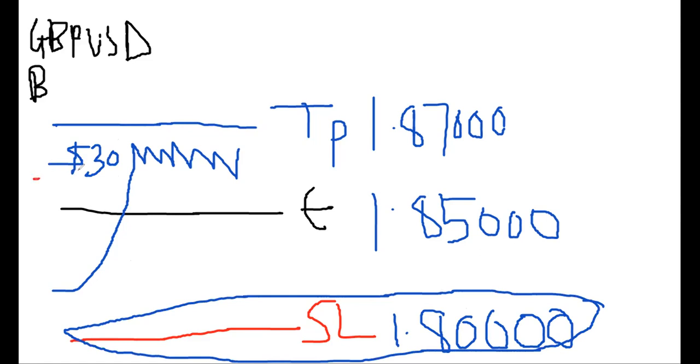When you put your stop loss here, it means that the value for your stop loss will definitely be more than the value for the entry point. So let's say your stop loss is here. So that will be 1 point. Let's say this is 1.86000.